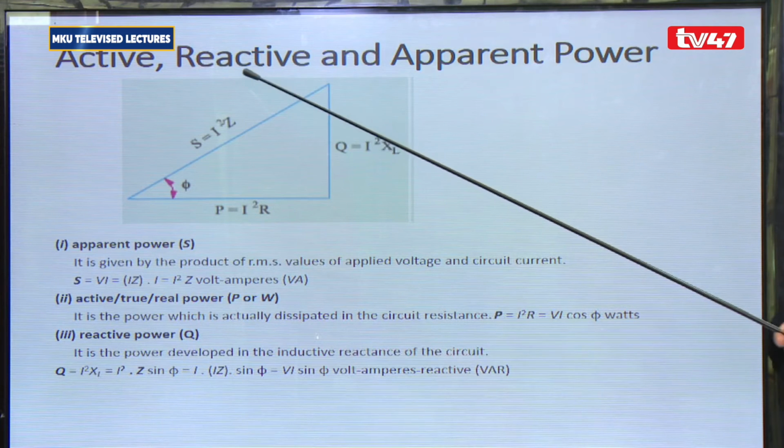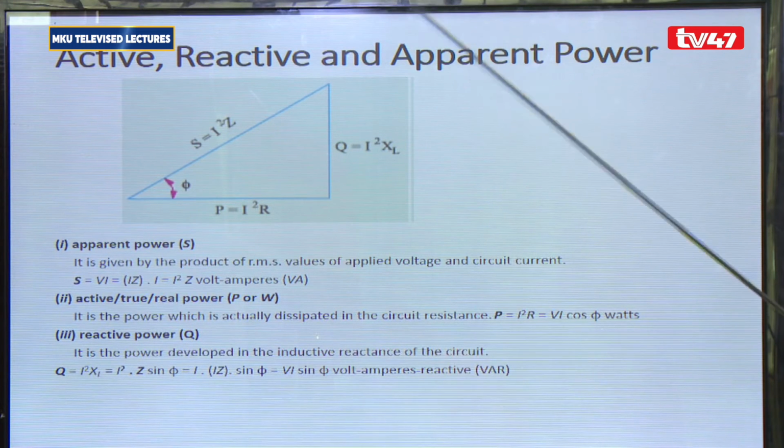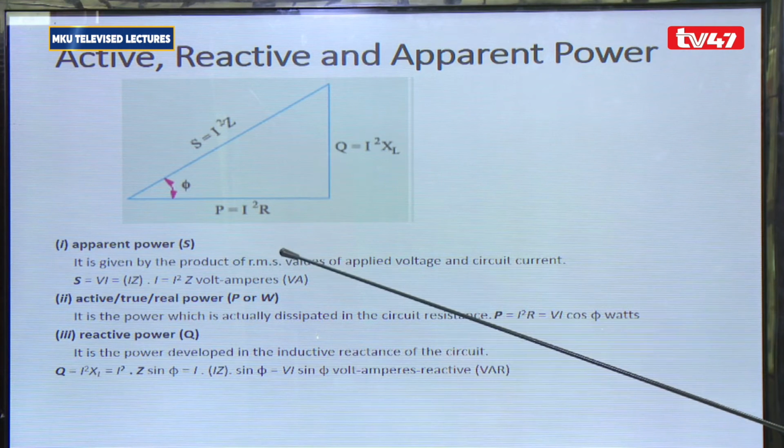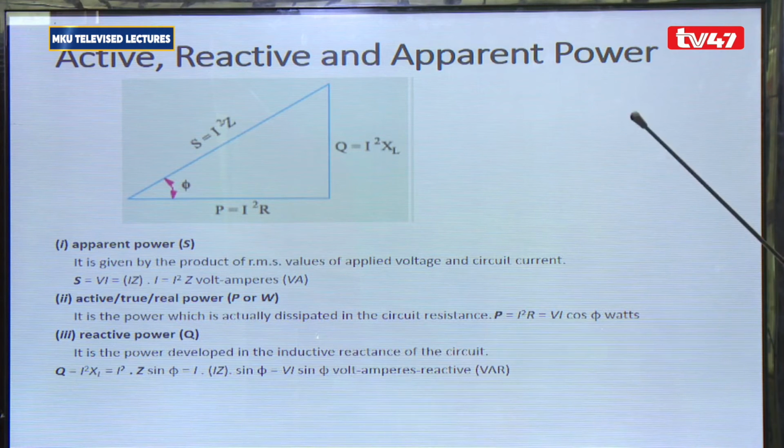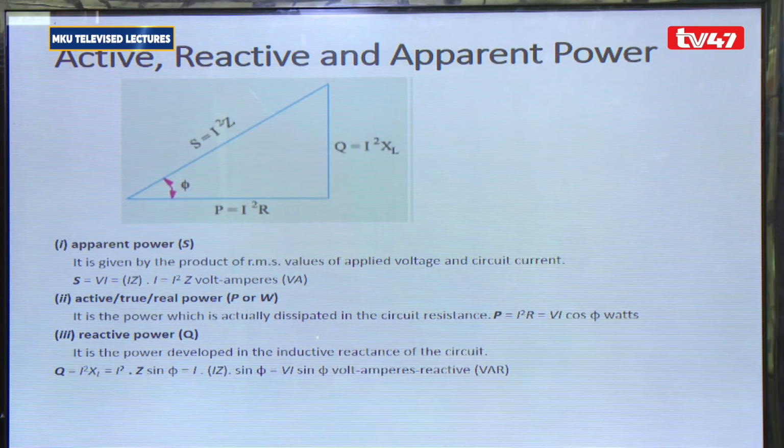And then we have the reactive power. This is the power which is developed in the coils. It is not so much important, but it comes about when you have inductive loads. Because ideally, in AC circuits which do not have loads, we would just have a purely resistive circuit, where it is only the resistance of the conductors.